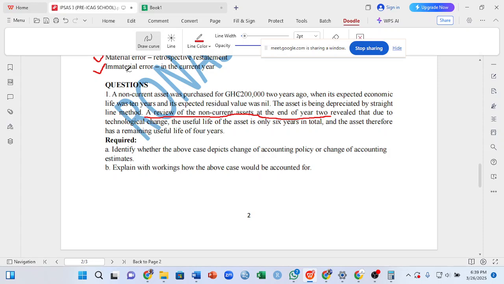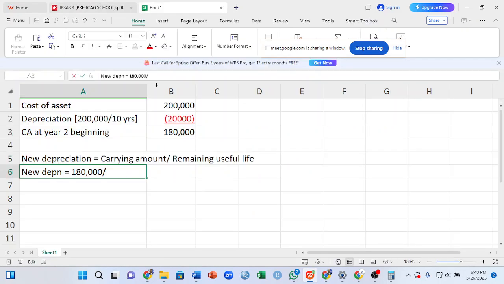It will be, I think, 5. Why 5? Because they said the asset's life, instead of 10 years, should rather be 6. And we've already calculated 1 year of depreciation. So we'll be left with 5 years that we are going to consider. That's correct. It's going to be 5 years.